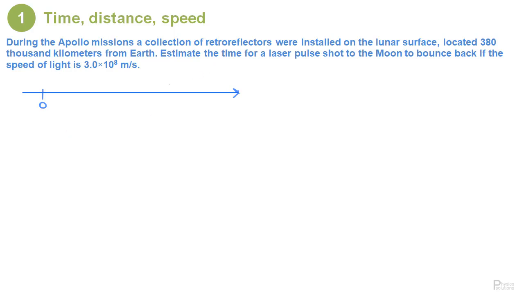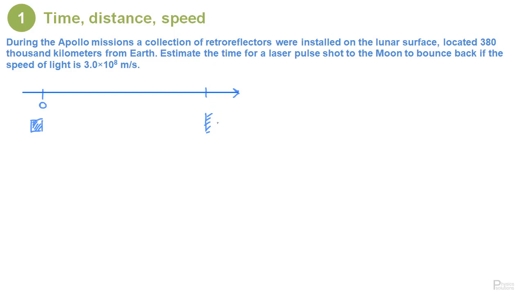In this case, we have the Earth, where we have some source of light, some very intense and powerful laser pointer, if you want. And somewhere over here we have the Moon with the retroreflector. A retroreflector is just a collection of cleverly designed and arranged mirrors, so you can imagine this is a mirror.